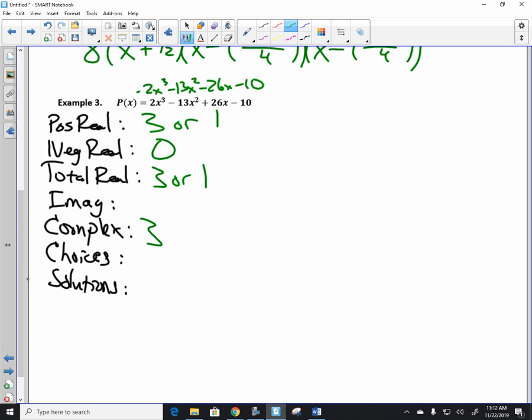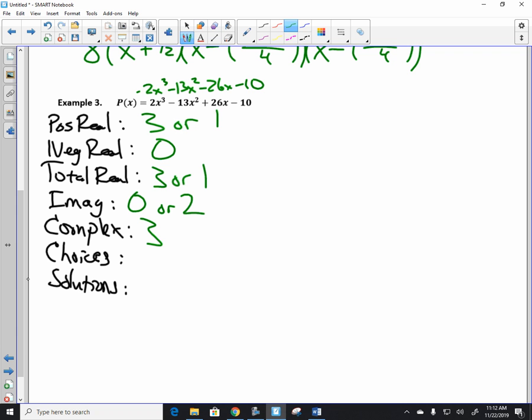There are 3. So suppose there were 3 real solutions and a total of 3 complex, then how many imaginary would there be? 0. Or suppose that there was 1 real solution and there were 3 complex total, then there would be 2 that were imaginary. So those are our options.